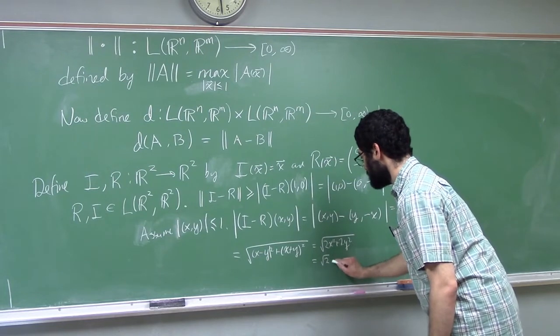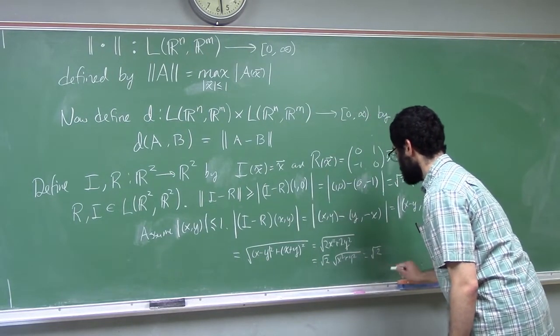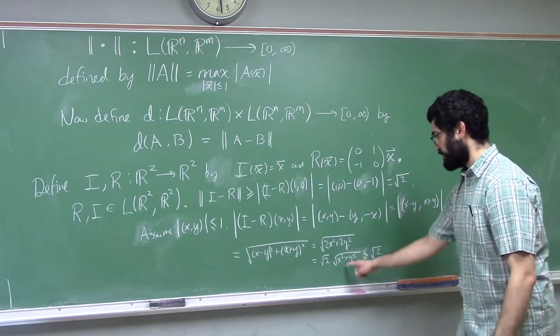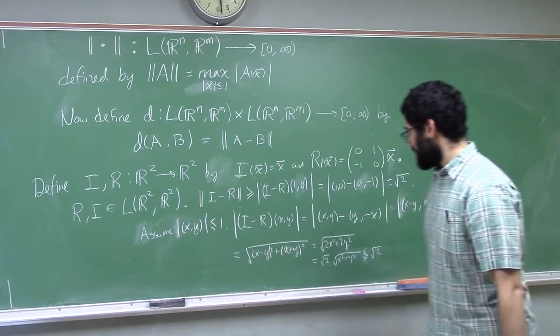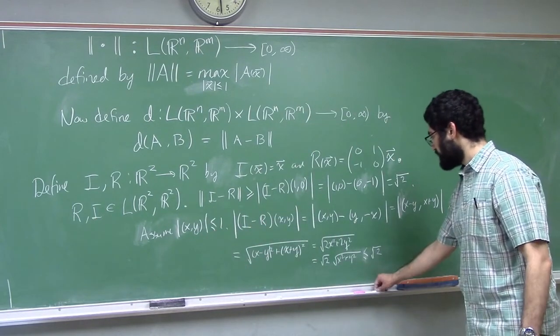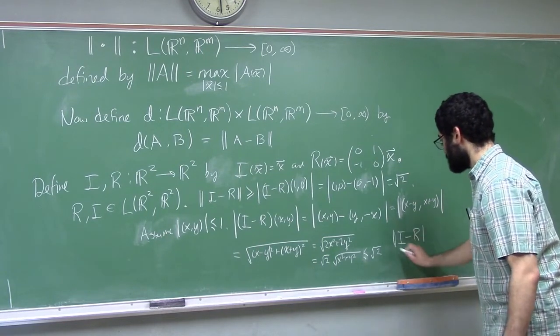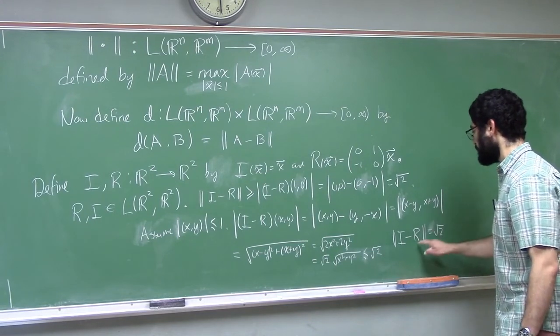So I have square root 2 times the square root of x squared plus y squared. So that's less than or equal to square root 2, because the square root of x squared plus y squared is assumed to be less than or equal to 1. So that proves that a rotation matrix is exactly square root 2 away from the identity matrix.